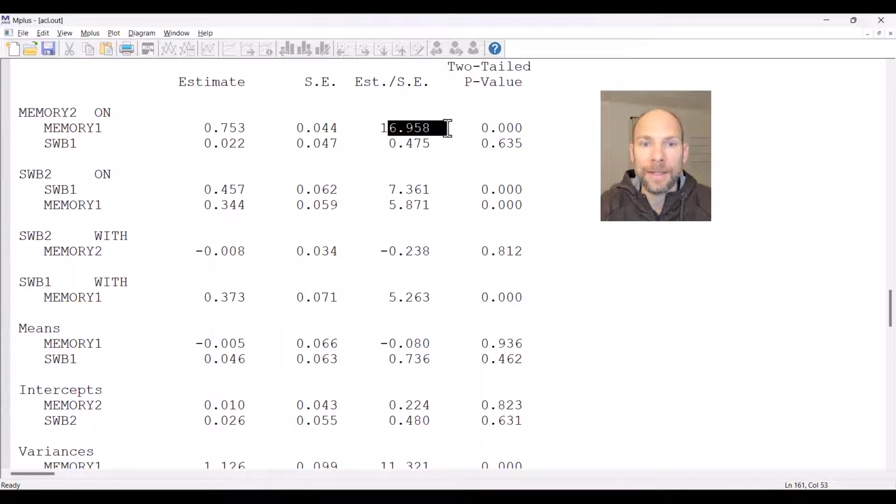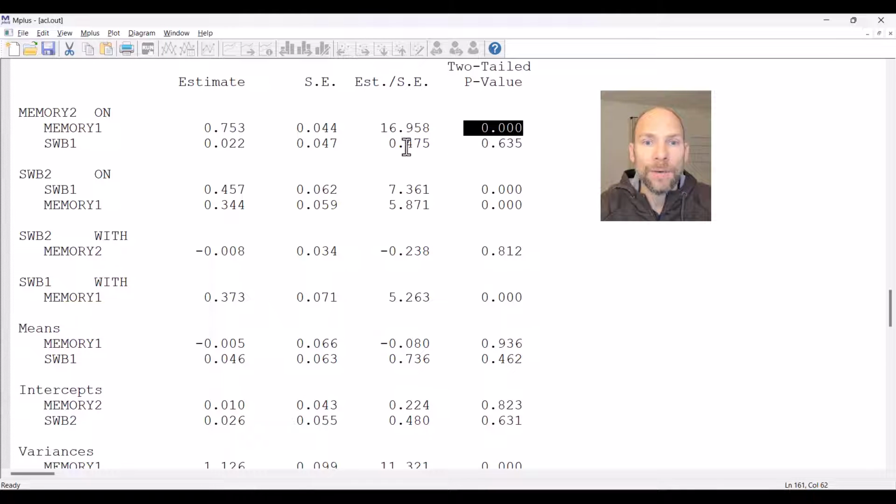The Z statistic is large and highly significant, indicating that there is significant stability in inter-individual differences with regard to memory performance, which makes sense. So memory scores over time are pretty strongly correlated.